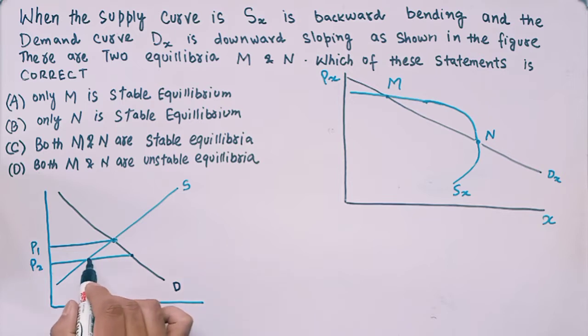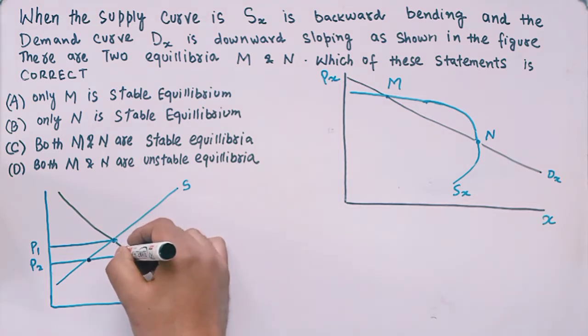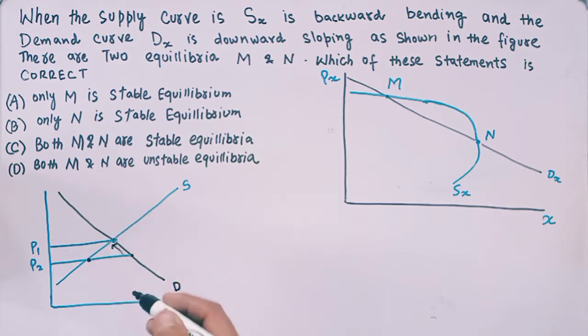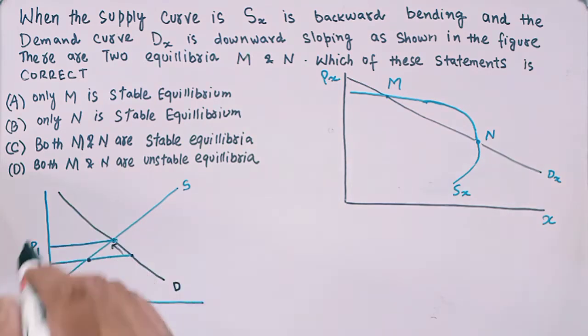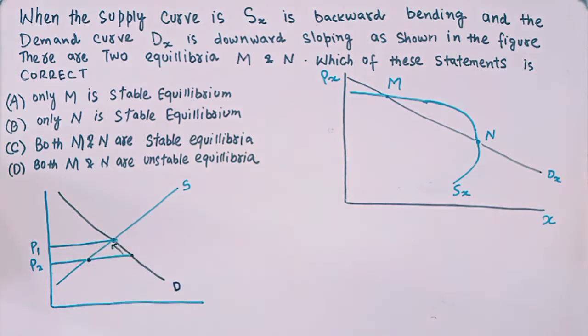So here we have excess demand. When we have excess demand, obviously there will be competition among buyers and the price will go up. So we will go back to the original position. Any deviation from the old equilibrium will lead us back to the old equilibrium.